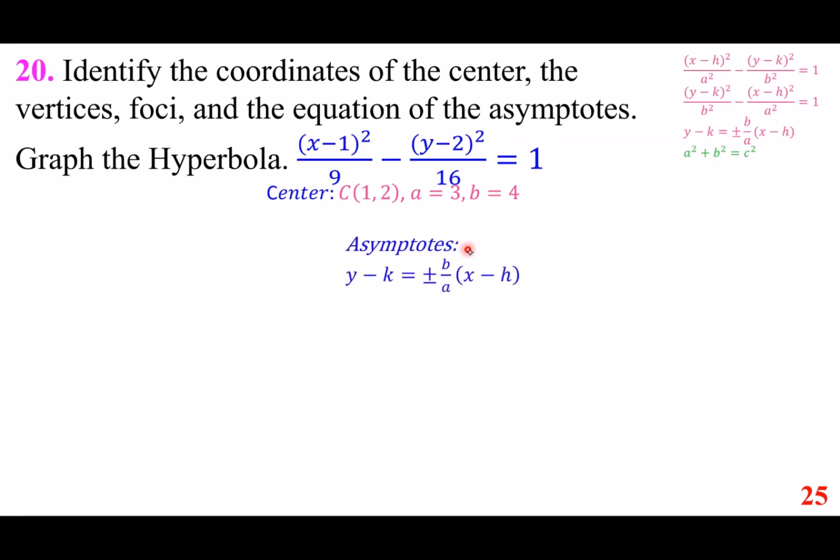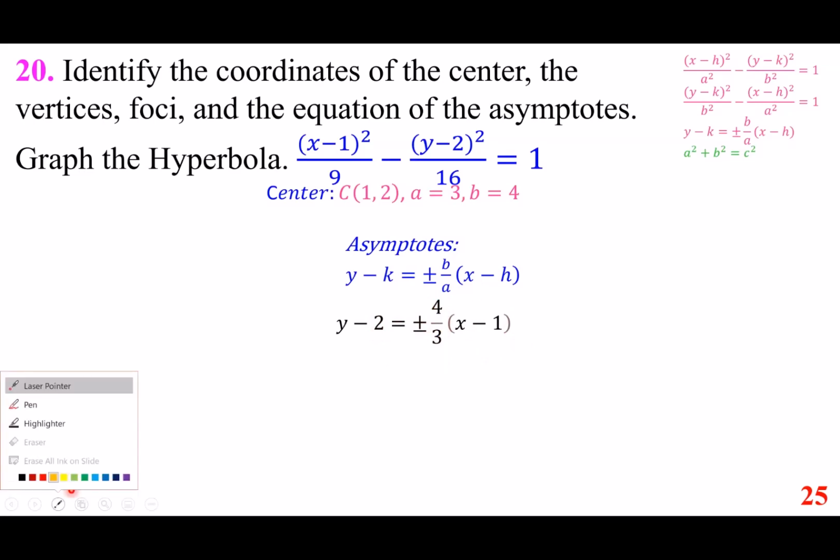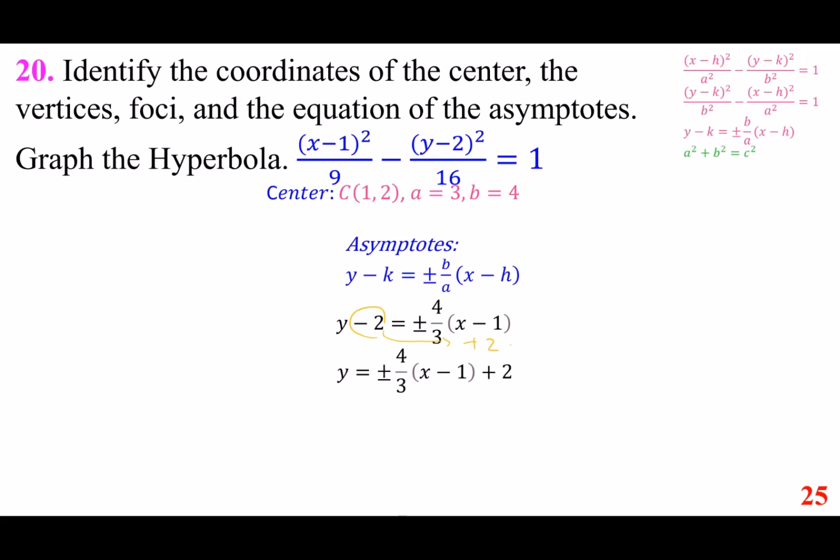We can draw asymptotes using the formula y minus k is plus minus b over a times x minus h. We can do that first. And so y minus 2 is plus minus b, 4, over a, 3, x minus h, which is 1. And if you write down 4/3 x minus 4/3 and move the negative 2, by the way, this can be moved, and you end up with this equation.